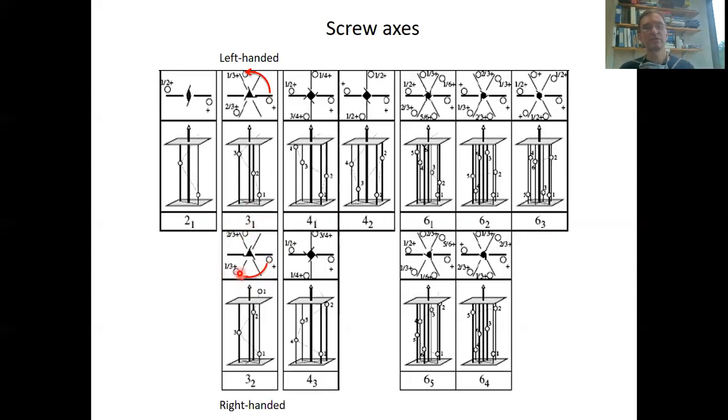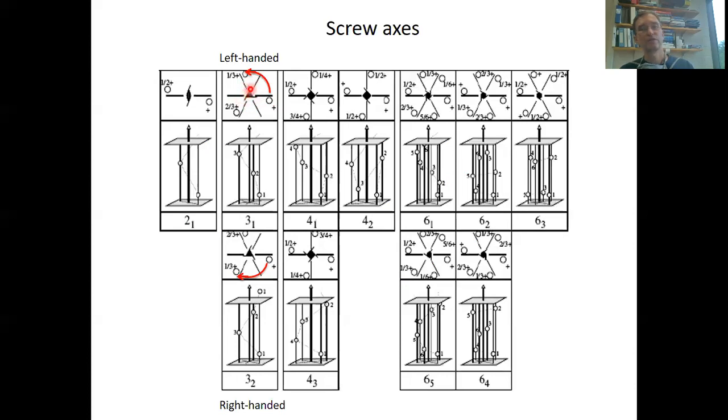Let us go through that step by step. So let us look first at the 3-1. Here we put ourselves on a position within the crystal. Now the symbol for a 3-1 axis is this one here.